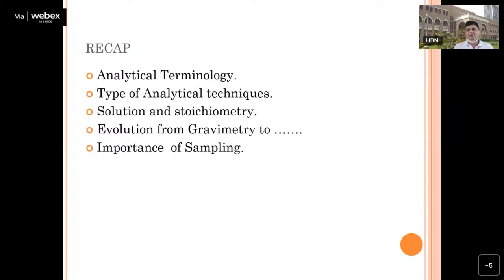The best example of this is gravimetry. Whenever we need an RSD value, that is the relative standard deviation, less than 1%, it is always suggested that one carry out the absolute techniques only. But absolute techniques have their own limitations.